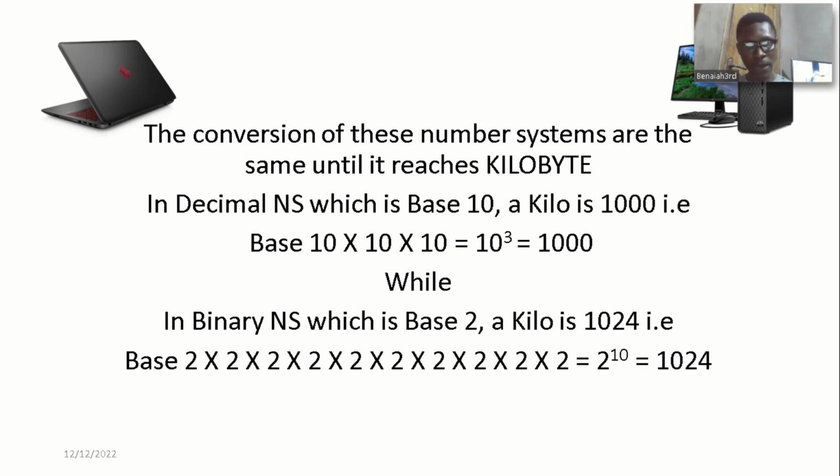But in binary number system, which is base 2, you have to multiply 2 by itself to get 1000, or the closest value to 1000. So you have to multiply 2 by itself 10 times to get 1024, which gives us 2 raised to power 10. I hope we now understand how the binary number system for kilobyte is different from the decimal number system for kilobyte.